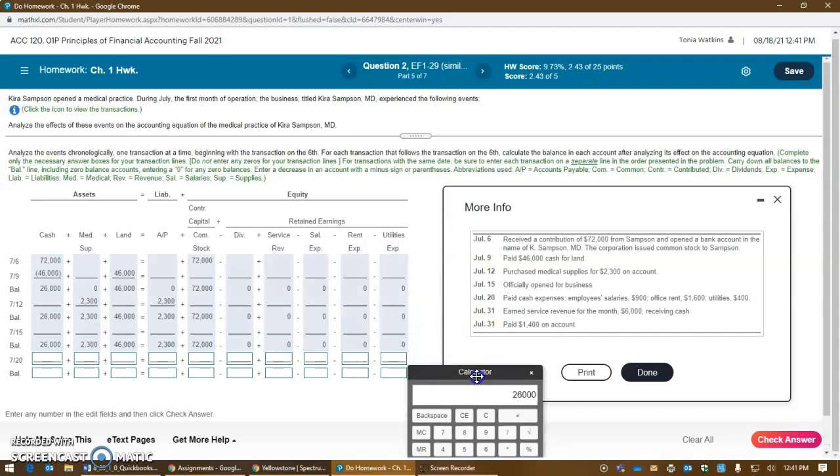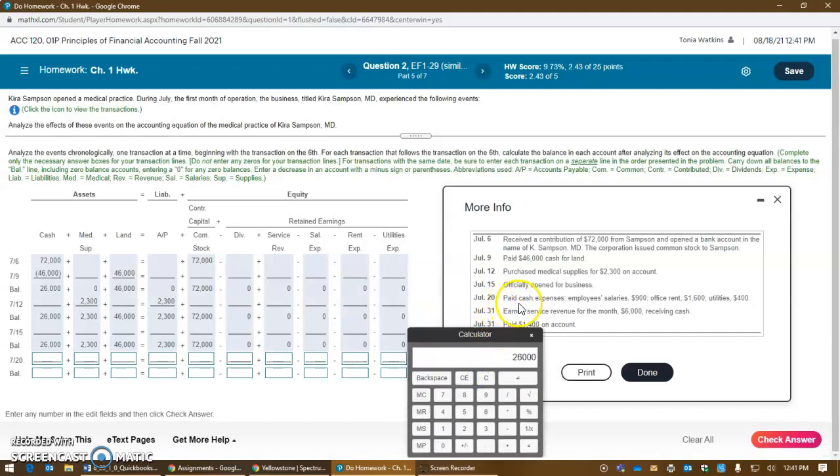All right. The 20th, paid cash expenses. So we paid salaries, 900. So let's get a total, because total cash is going to be the total of everything paid plus our utilities of 400. Okay, so our total cash that went down, because we paid these expenses with cash. It says paid.